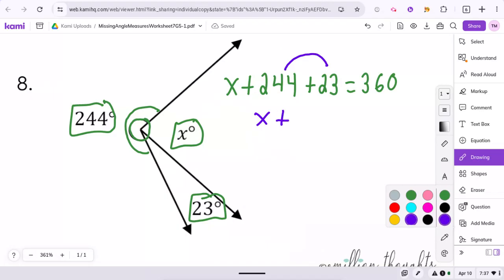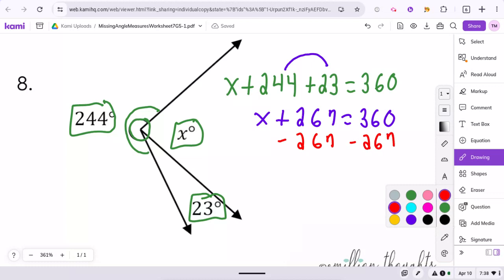So you have x plus 267 equals 360. Then solve for x. So minus 267 minus 267. So these cancel. X equals 360 minus 267 equals 93. So this missing angle, 93.